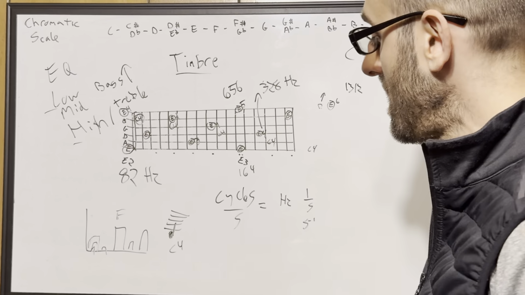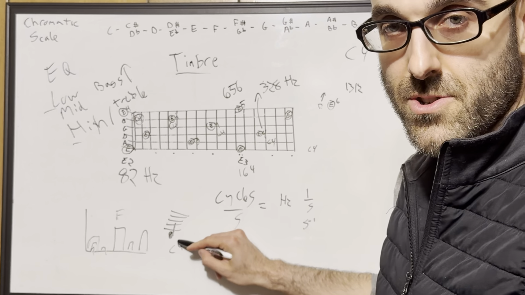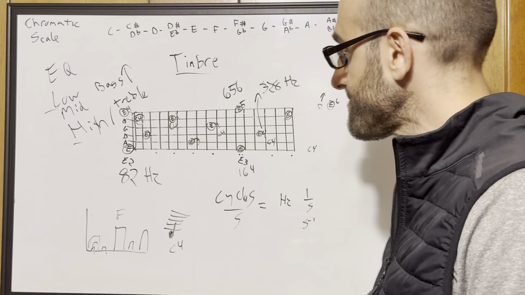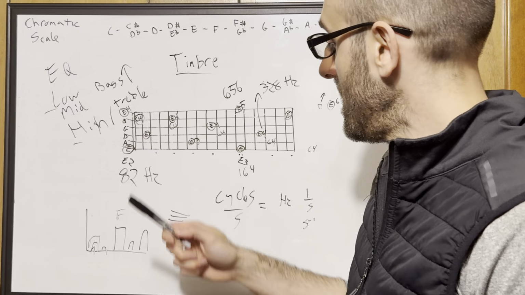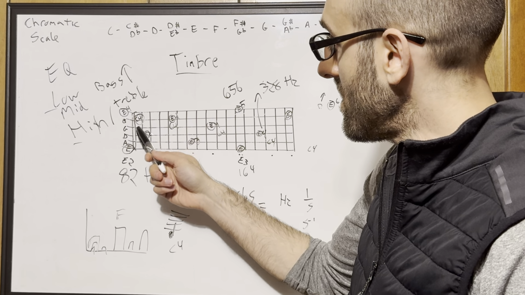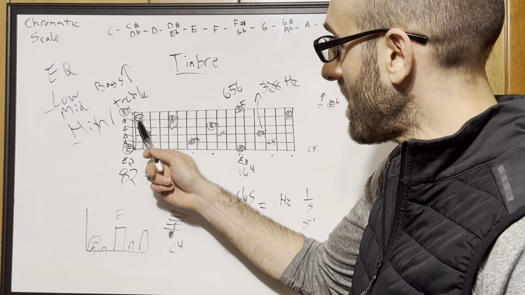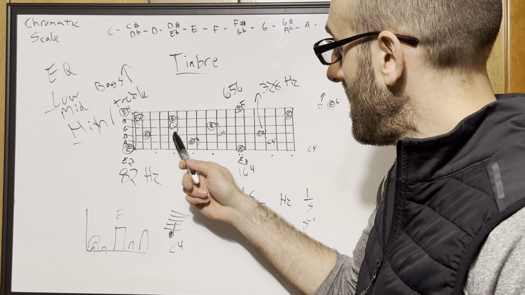I'll show you that. Now, if I want to try to play this pitch on guitar, here's where it's located, C4, okay? So I can play it on the B string, and using that trick that I showed you earlier, going to a lower string, I have to go up 4. I can play it here.